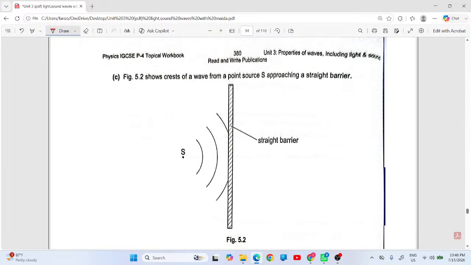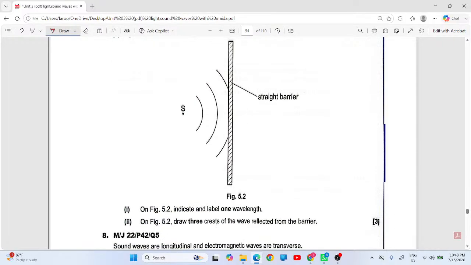Part C: figure 5.2 shows crests of waves from a point source S approaching a barrier. So this is the point source and barrier in the figure, and label one wavelength.